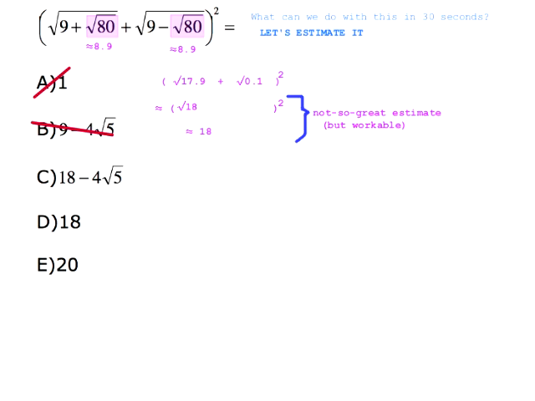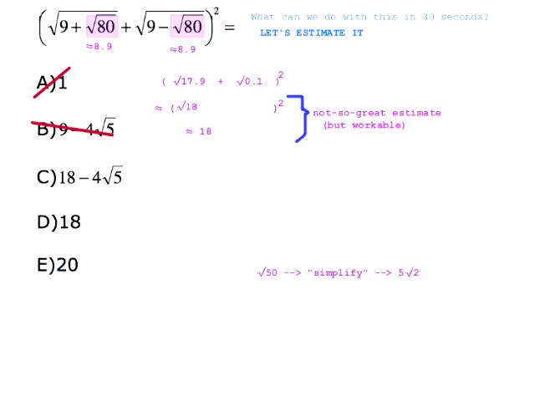Here's a process that you probably never thought about running in reverse. In school, they told you if you were given something like the square root of, I don't know, 50, then you would be told to simplify that. And that would give you 2 rad 25, so 5 rad 2.